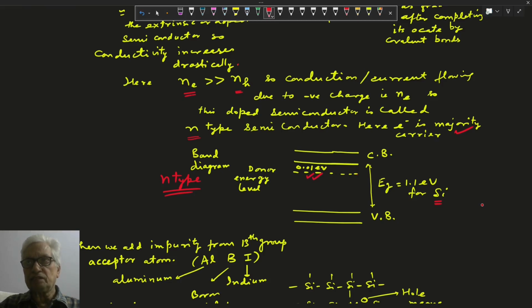If we take an electron from the valence band to the conduction band, 1.1 electron volt energy is required, but here only 0.01 electron volt is needed for electrons to be available in the conduction band. So we get the current easily.